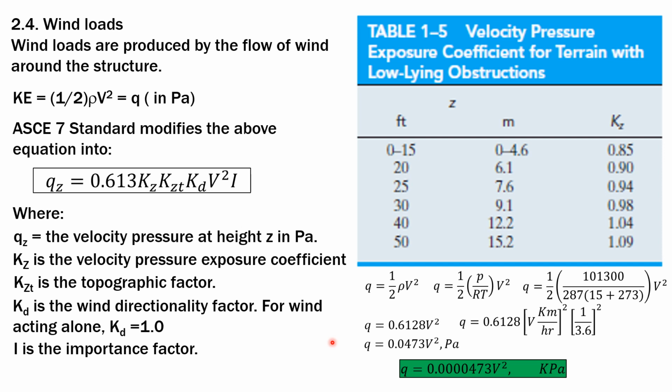So that's it, four zeros in kilopascals. So use this if the velocity of wind is given as 150, 200, 250 kilometers per hour, that's the usual in the Philippines, in kilopascals. And I also have examples on that for calculations.